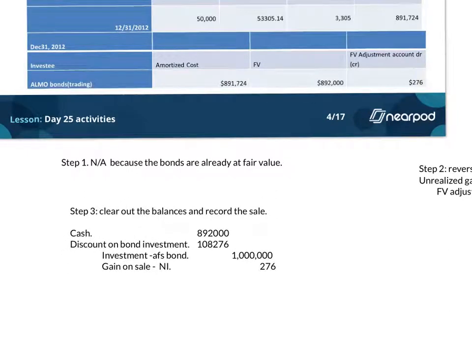And then in your journal entry, if it was a trading security, rather than this credit to the gain, you would already have the gain. It was sitting in your fair value adjustment you already had recorded, and you would just use this entry to get rid of it.